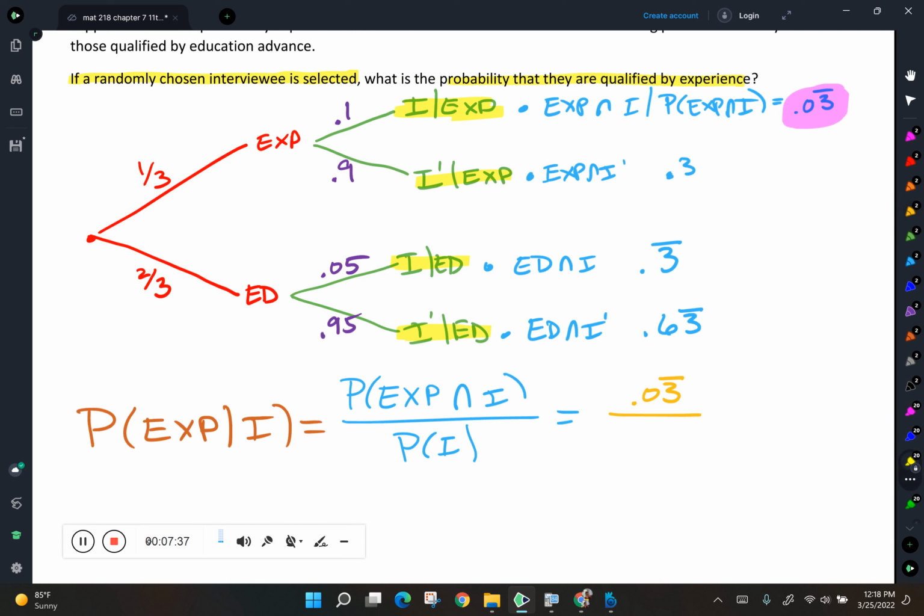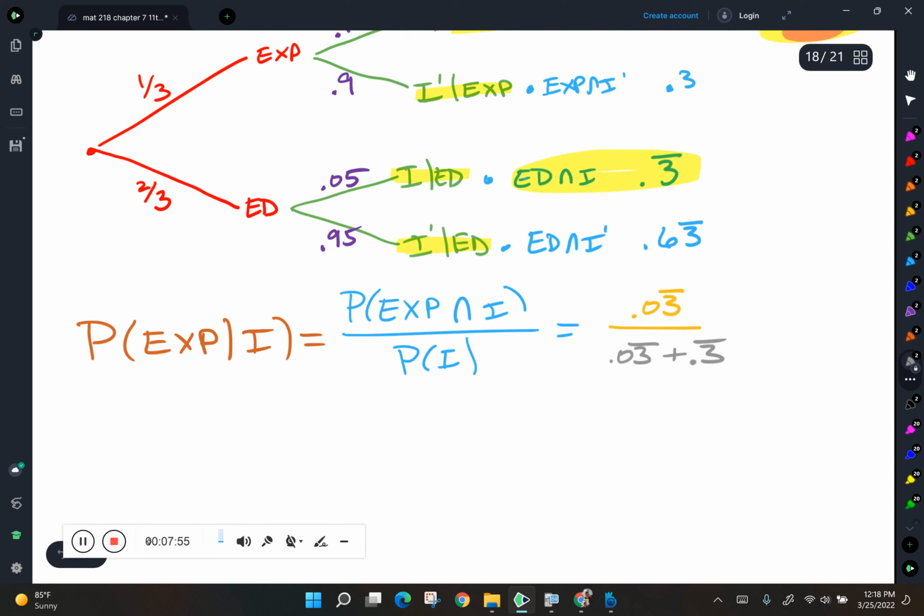Well, probability of interview is this one and that one. So that's going to be the 0.03 repeating plus the 0.3 repeating. Okay. So that's going to be 0.03 repeating divided by 0.36 repeating. And then I'm going to have to try to figure out what that's equal to.